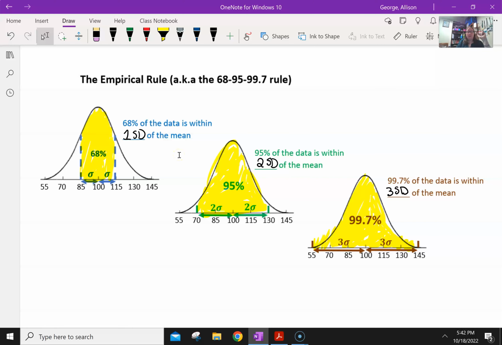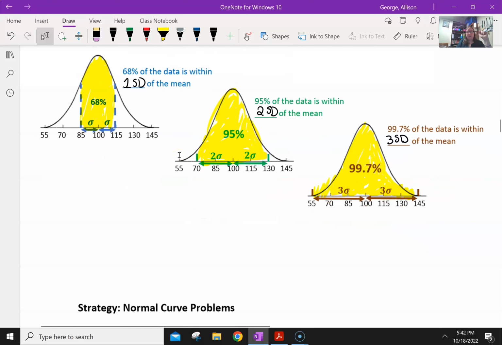Okay, so the other thing that you can do with this is you can use it to help you reason your way through some things. So if 68% of the data is within one standard deviation, that means out of 100%, 32% is left over. So the part that's not shaded in that first diagram makes up 32%, but it's both sides.